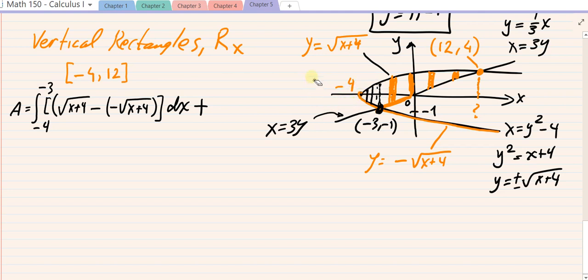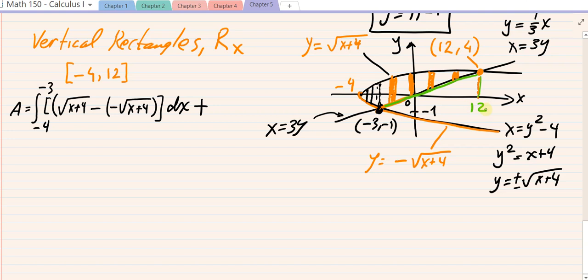Now we're going to move on to the next segment. This line actually lies below the parabola all the way to the end of the interval right here, and that we decided is when x is 12.